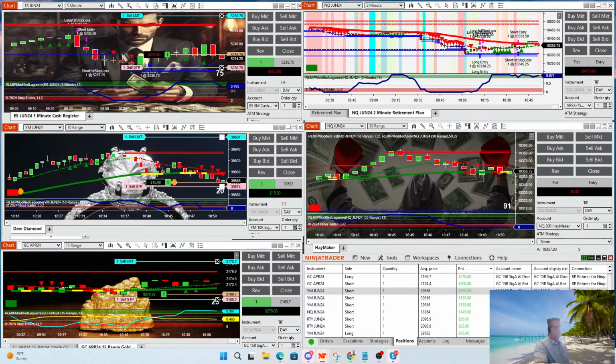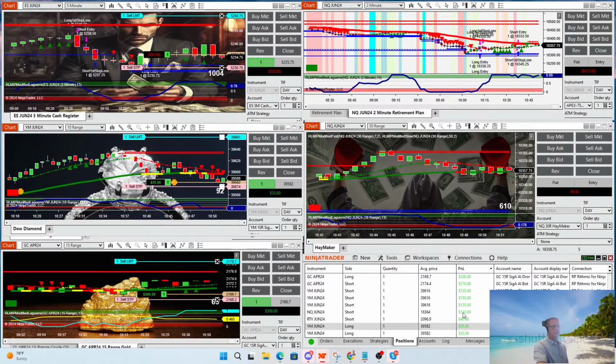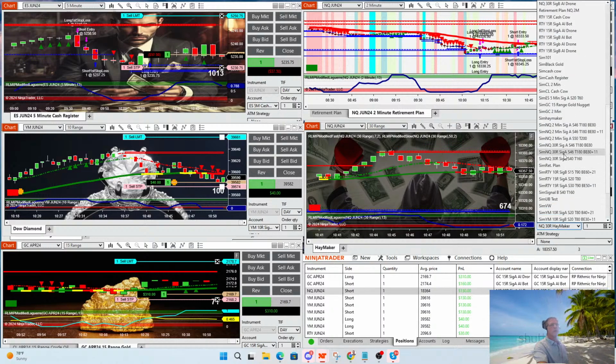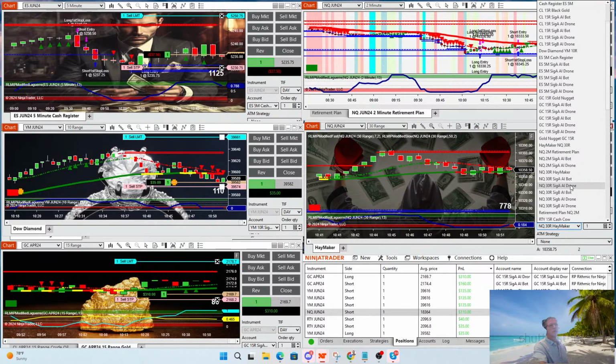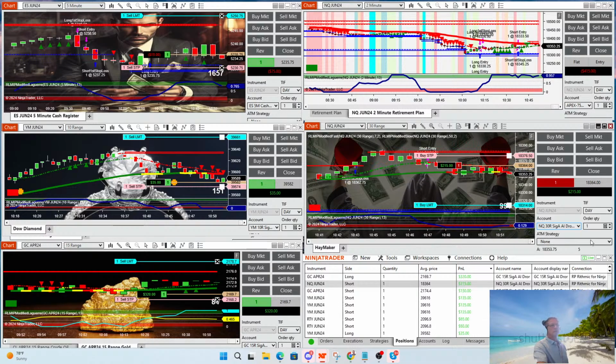Gold signal A. 30 range signal A jumped in short. 30 range jumped in short.